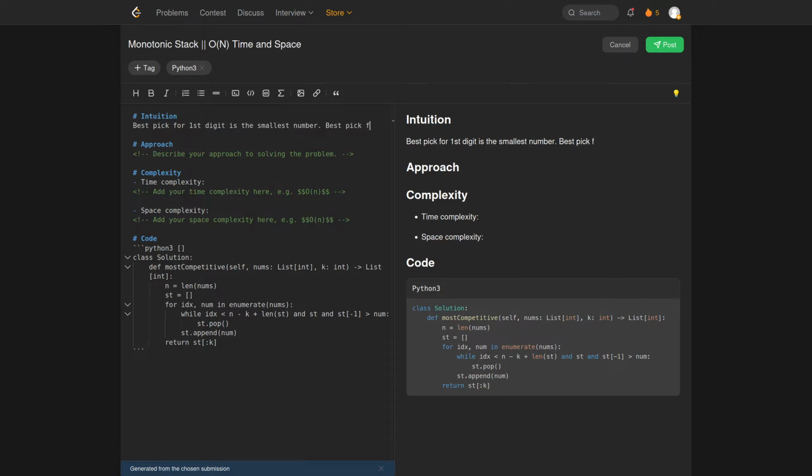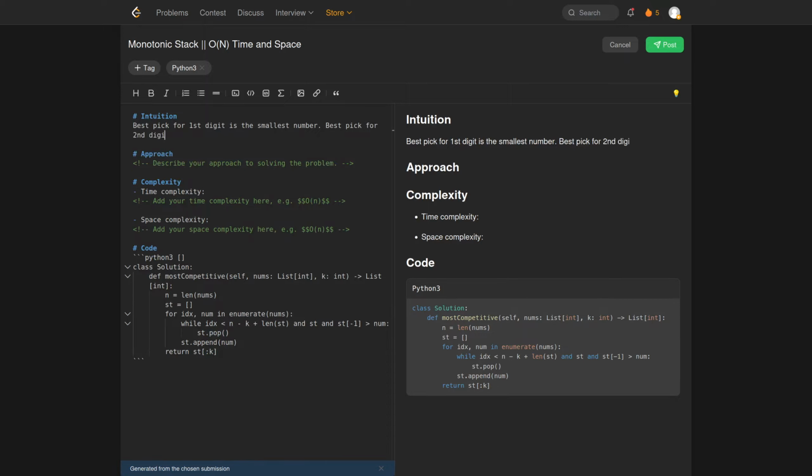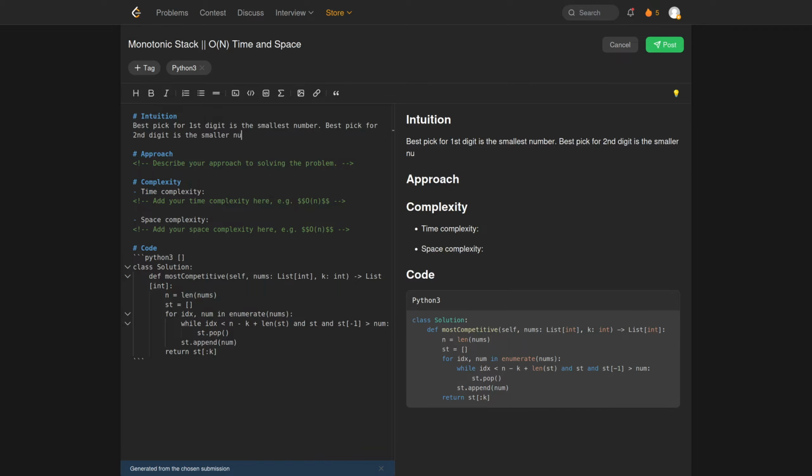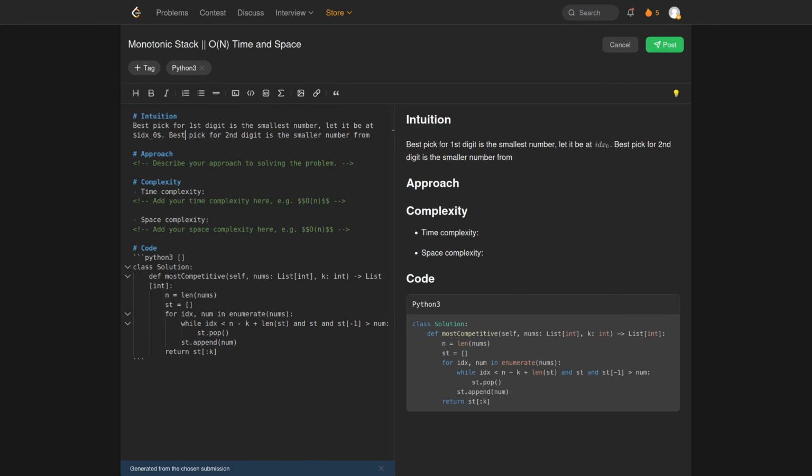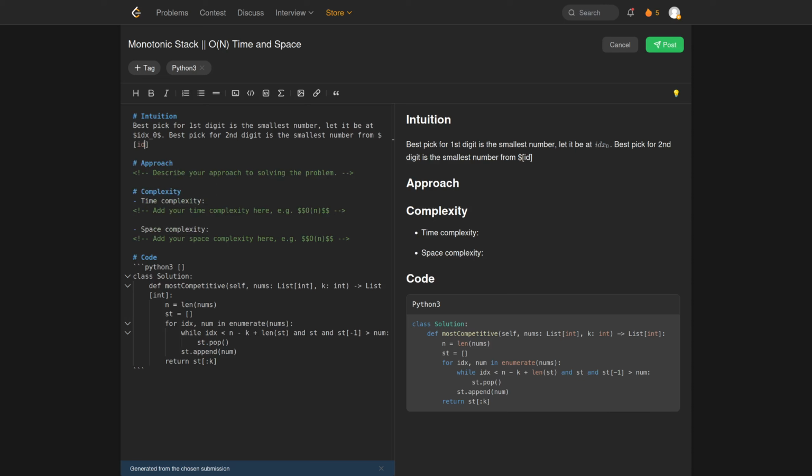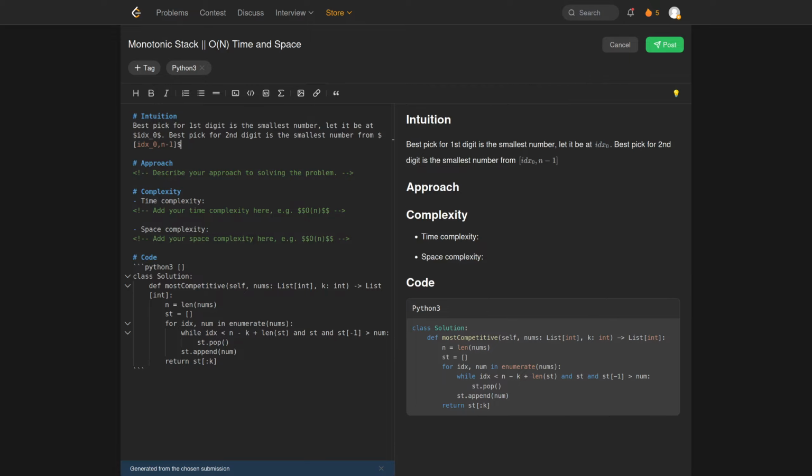The best pick for the second digit is the smallest number from index 0 to n minus 1.